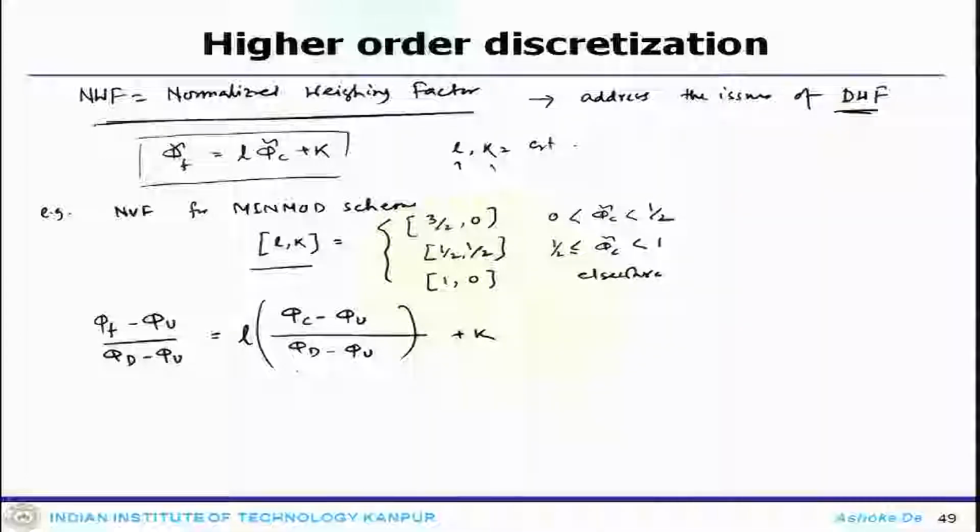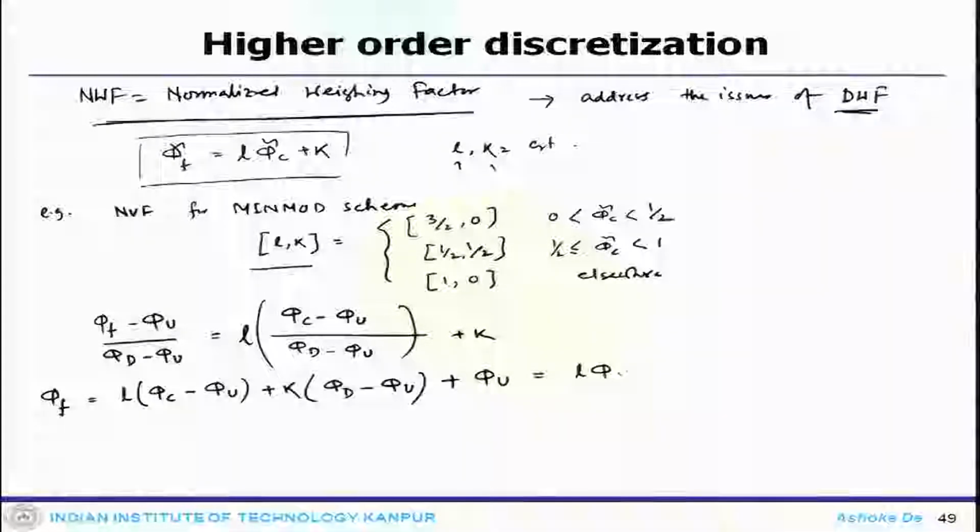That can be transformed so that the face value is phi f equals L into phi c minus phi u plus k into phi d minus phi u plus phi u, which is L phi c plus k phi d plus 1 minus L minus k times phi u.